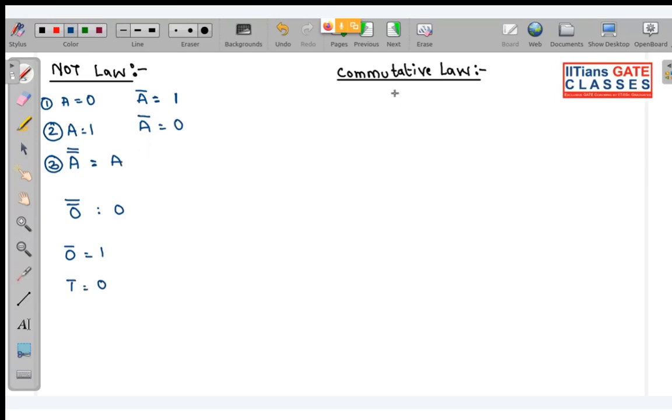Now next is what? Commutative law. What do you mean by commutative law? If we interchange the values, like the places of the values, then this doesn't affect the result.